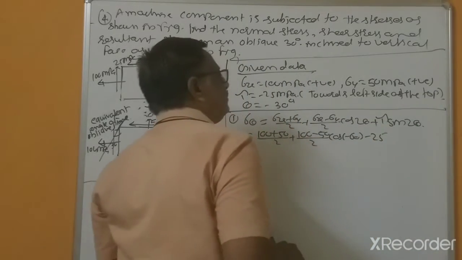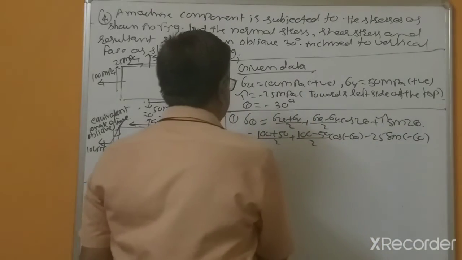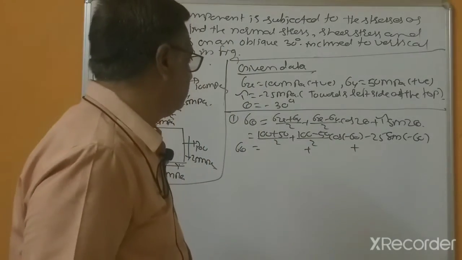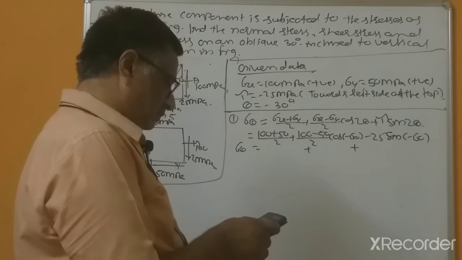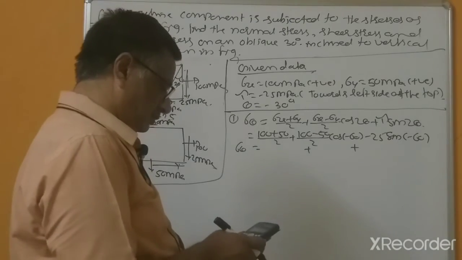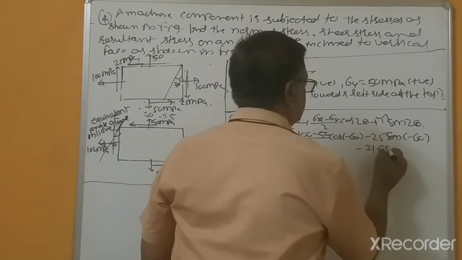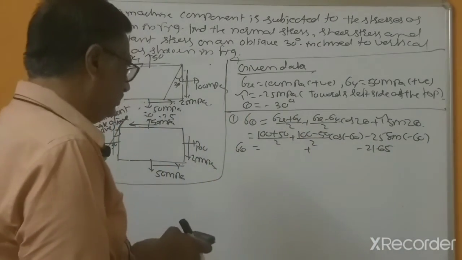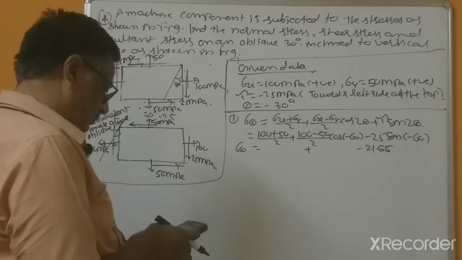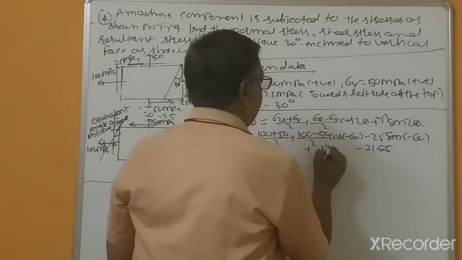25. Sigma theta equal to. This is 12.5 positive.